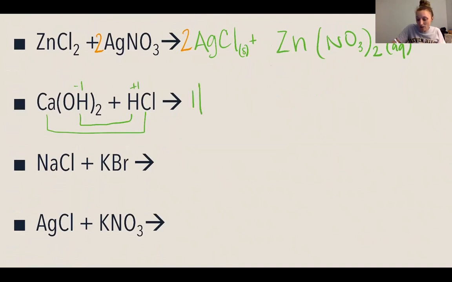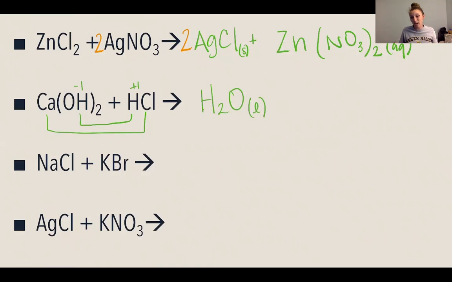Well, if I wrote it out, it would be HOH. But we know from when we were balancing that HOH is just water. So H2O, okay? I know right off the bat that's a liquid. I'm going to write that L there.